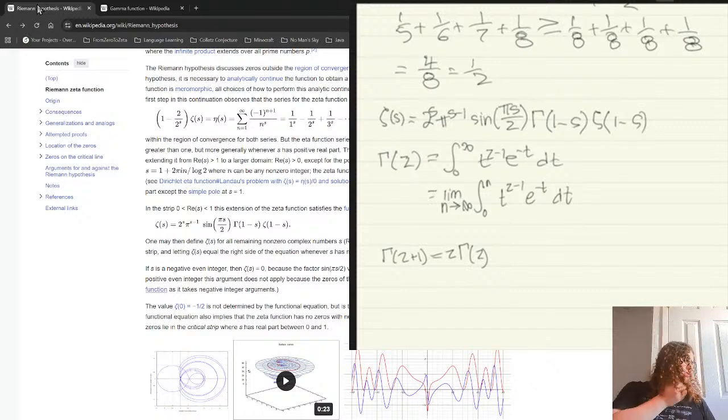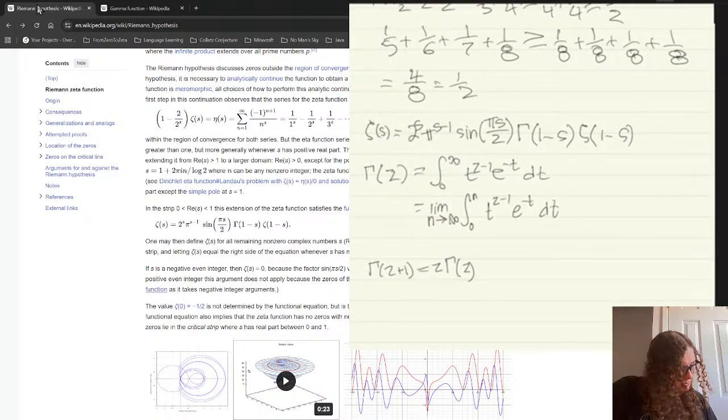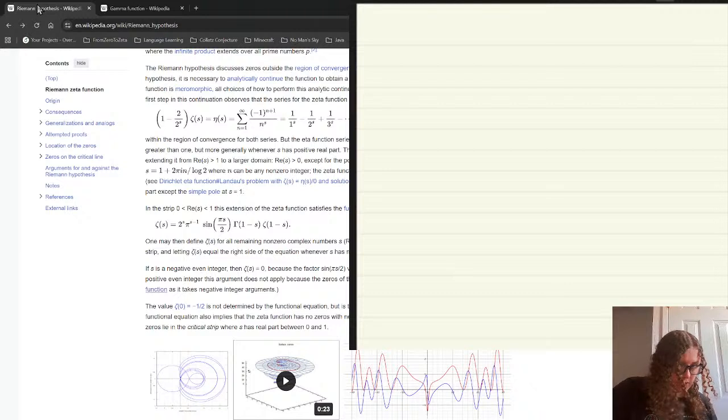Now, another thing that I don't have a solid grasp on is, so far we've only been looking at real numbers and even integers.